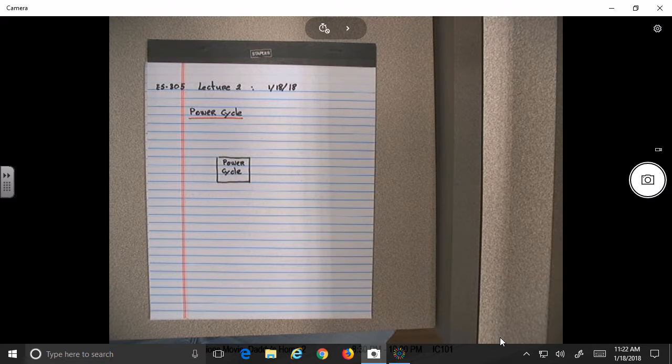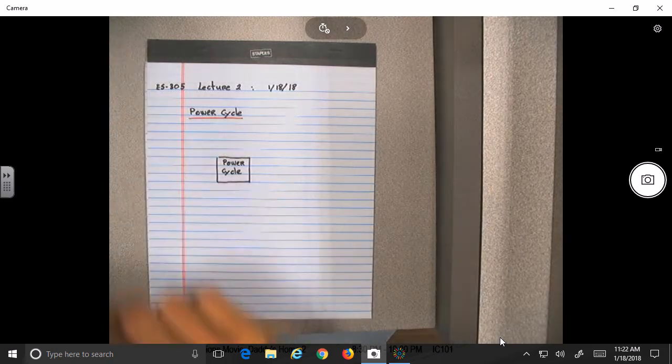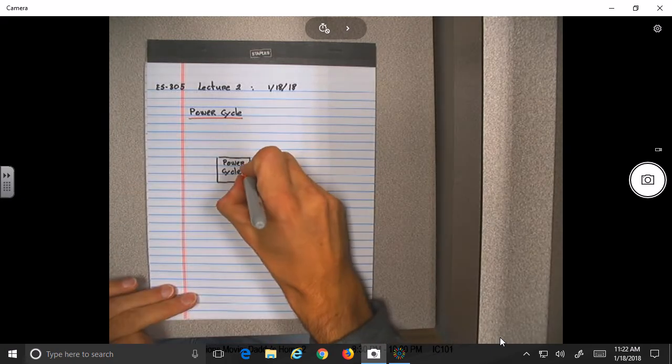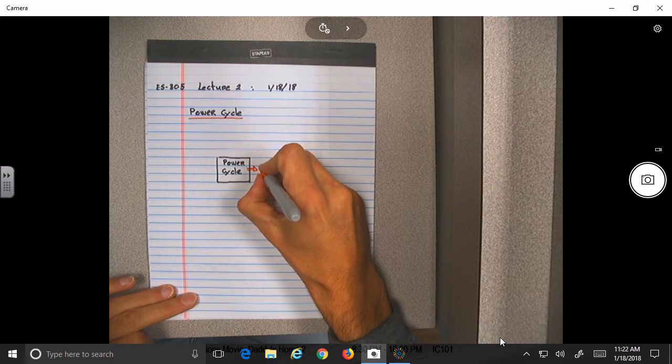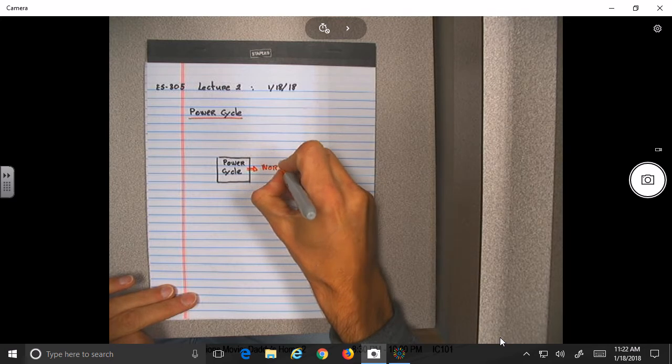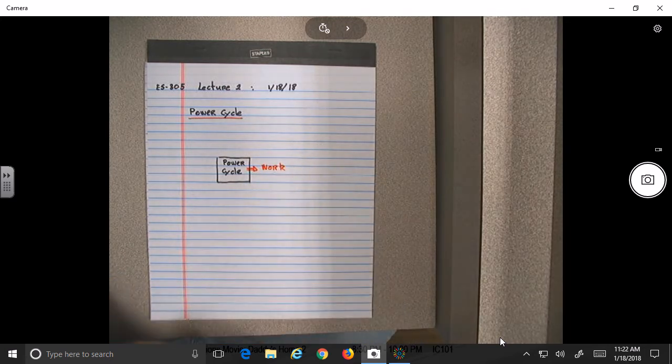So what is the goal of having an engine? To be able to get out of it work or energy, no? But basically it will be work. So what we want to get out of this is work that you can use to whatever you want. Move a piston or do any activity.